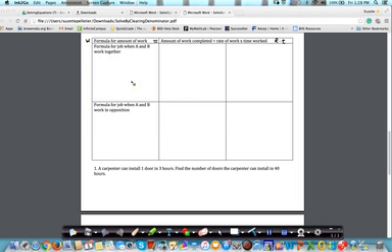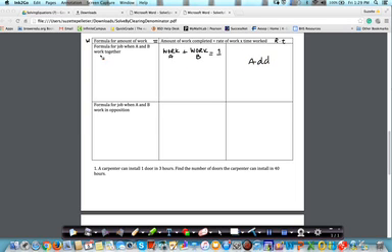Sometimes, though, we have two machines working together at the same time to accomplish a larger job. And so how do we do that? We do the work of A plus the work of B, which is going to equal the total job done. It's going to involve addition.